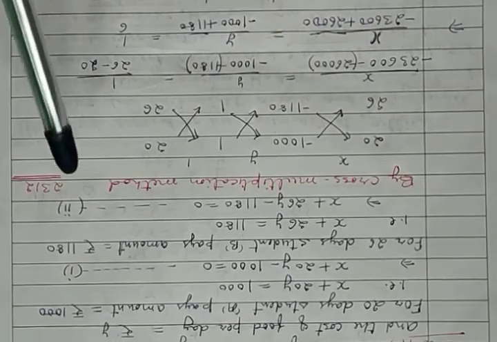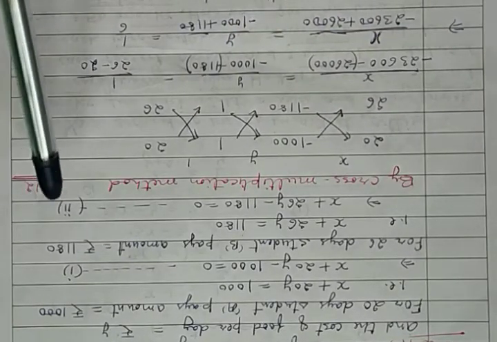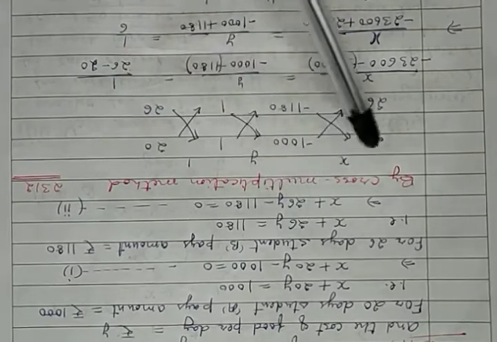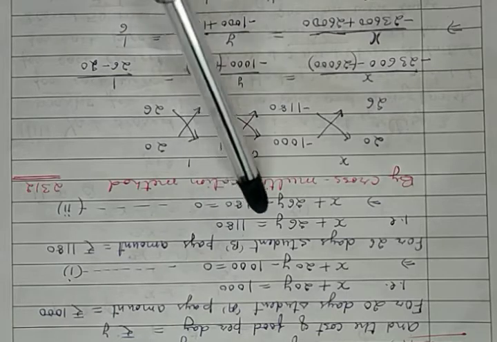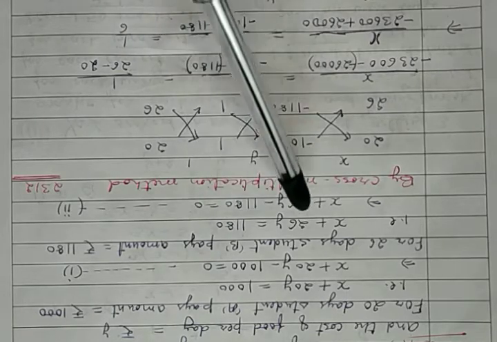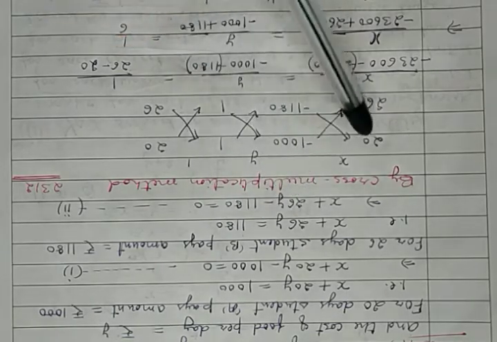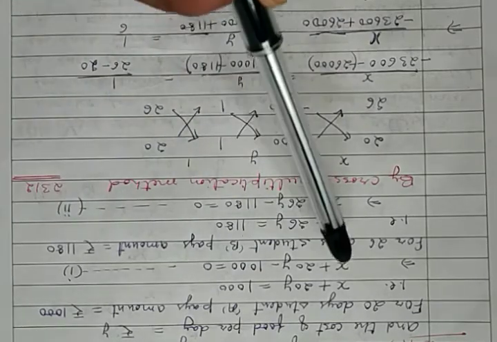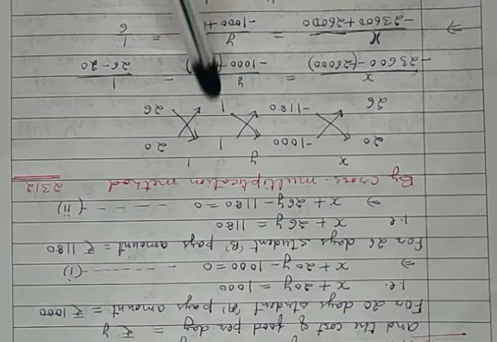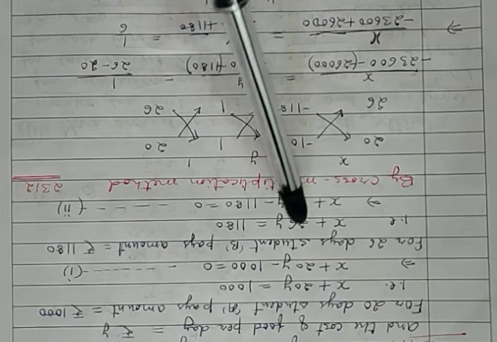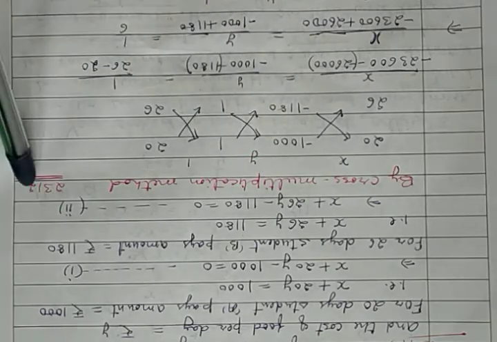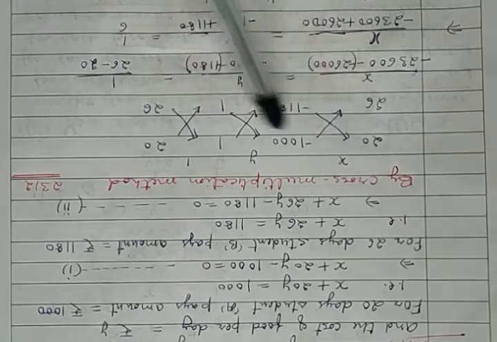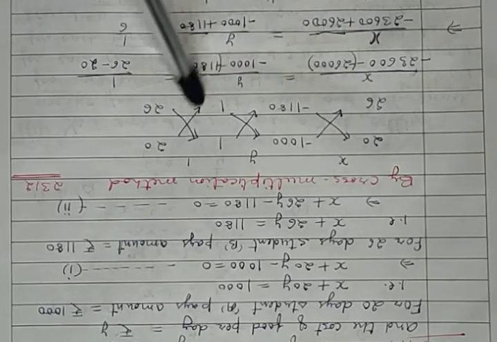By cross multiplication method, we have to take the second column, third column, first column, of equations 1 and 2. Cross multiply, with upward arrow and downward arrow.